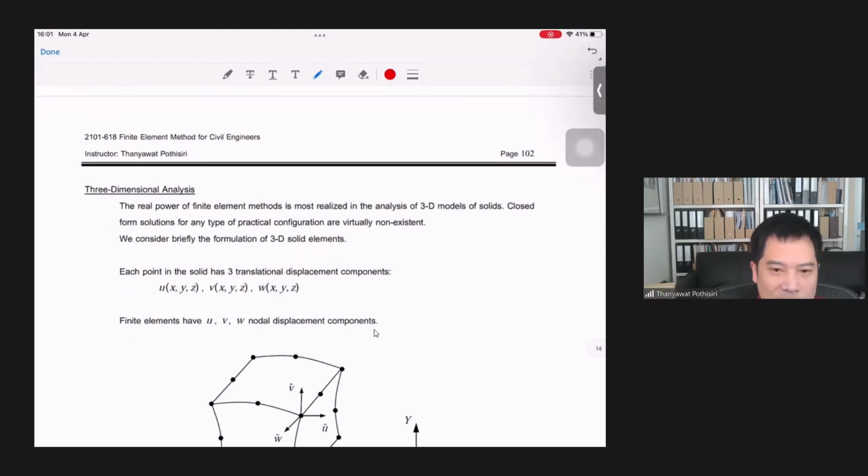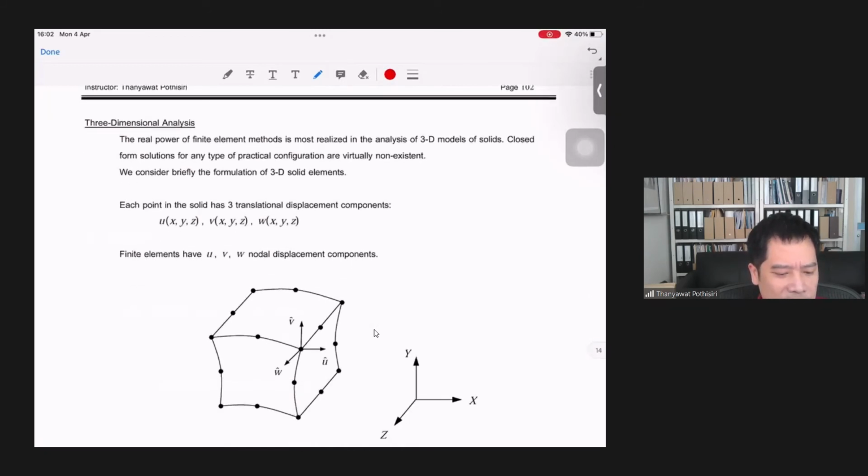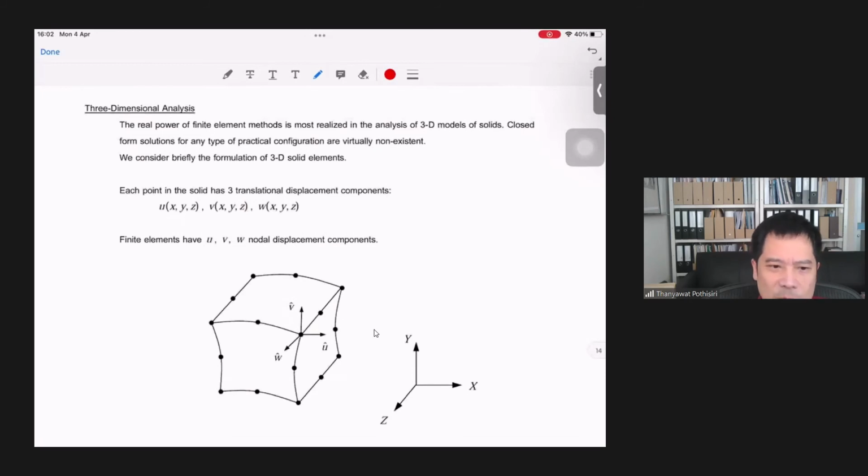Now you can also extrapolate the same concept to three-dimensional analysis. Okay. Now for three-dimensional analysis, the difference between three-dimensional analysis and two-dimensional analysis is you would have an extra displacement in z direction in addition to x and y direction.